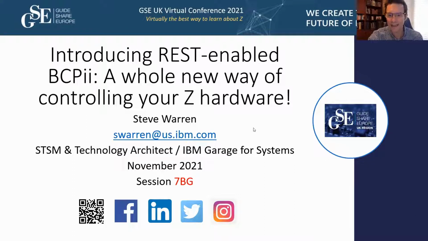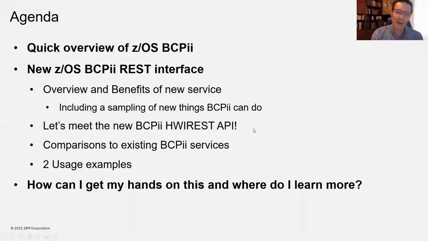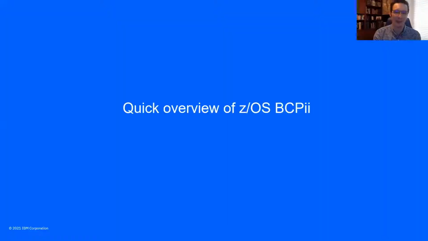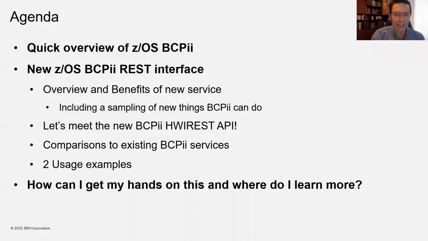So with that, let's dive in. We're going to first give a really high-level overview of BCPii, just to level set you for maybe 2 minutes. And then we're going to dive into many of the features related to BCPii in terms of the new REST interface. We'll give you an overview of the new service, including a sample of what the new things that BCPii can do.